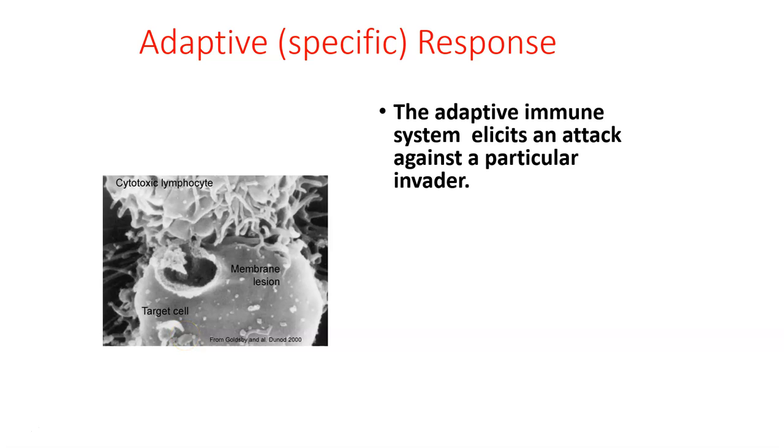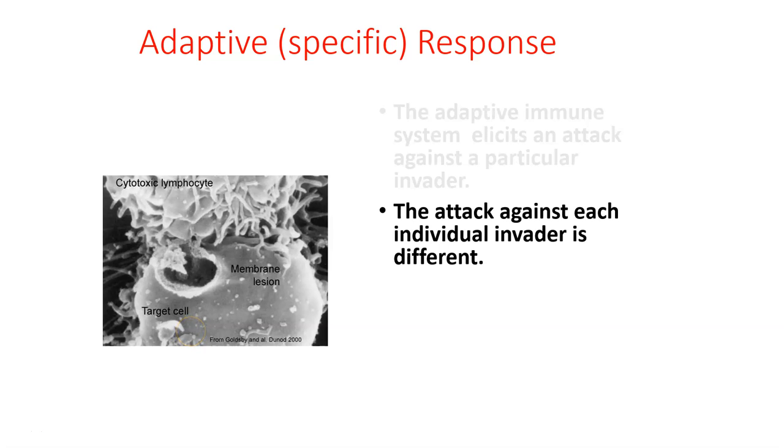Okay, so now we're going to start the discussion on the adaptive or specific response. This adaptive immune system elicits an attack against a particular invader, against a particular antigen. This is going to take longer because your body has to develop an army that's going to attack that specific invader. The attack against each individual invader is different.